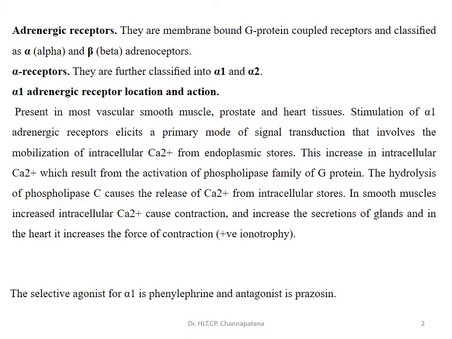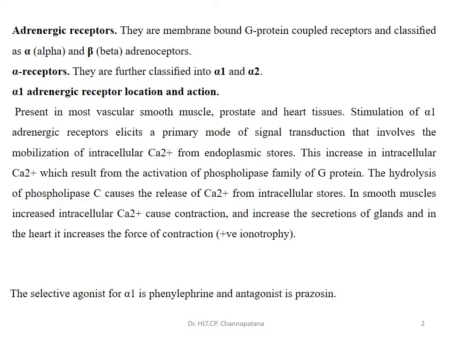If the concentration of calcium is more in the intracellular fluid, then it increases the contraction of the smooth muscle and increases the secretion of glands, that is gastric acid secretion will increase, salivary secretion will increase, etc. And in the heart, the force of contraction also increases, that is called positive inotropy.